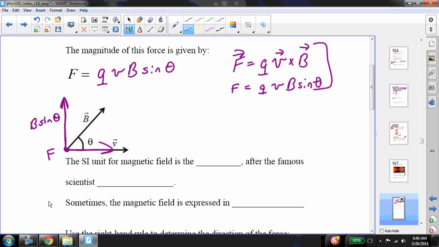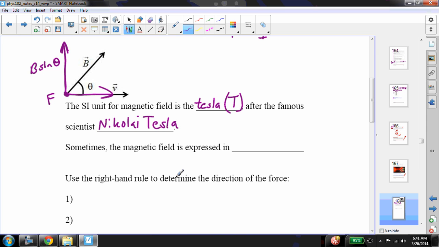Now the SI unit for the magnetic field is the Tesla, T-E-S-L-A, also capital T. And of course, this was named after the famous scientist Nikola Tesla, after whom the electric car is also named. Also, there was a movie, I think it was called The Prestige, that was about him and some of his work. And we'll see him a little bit later. He was pretty crucial to the founding of the electrical system that we currently use in the United States and around the world.